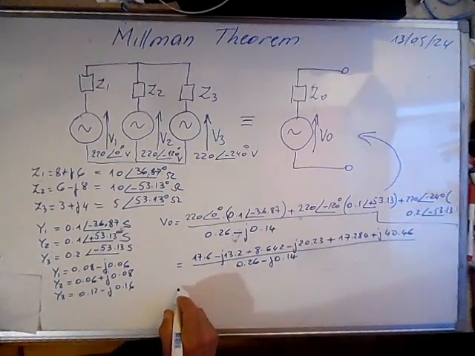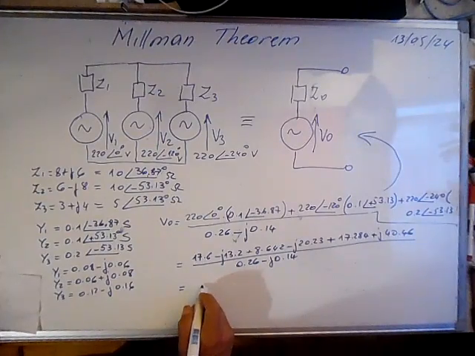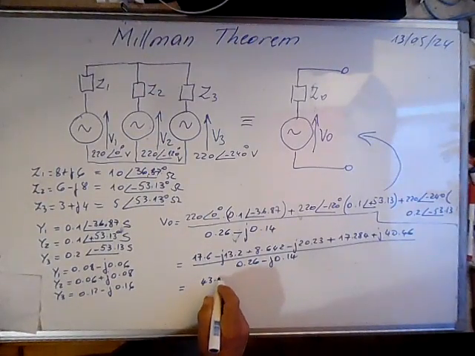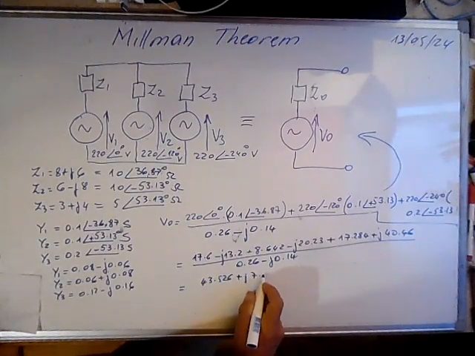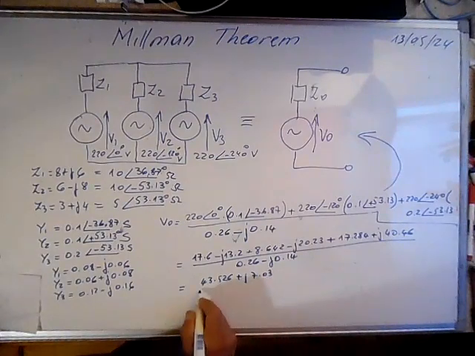This will give us 43.526 plus j7.03 over 0.26 minus j0.14.